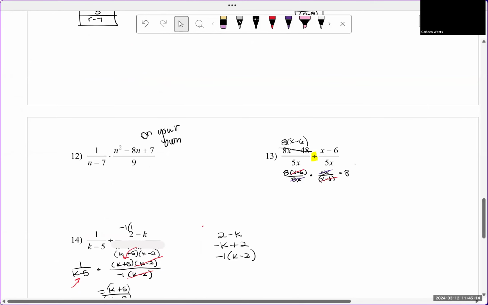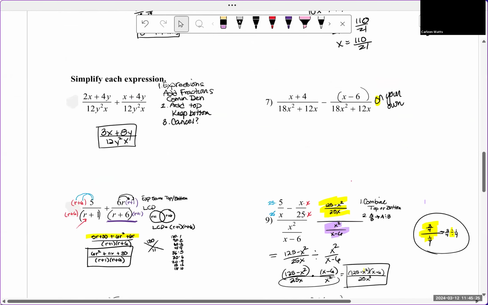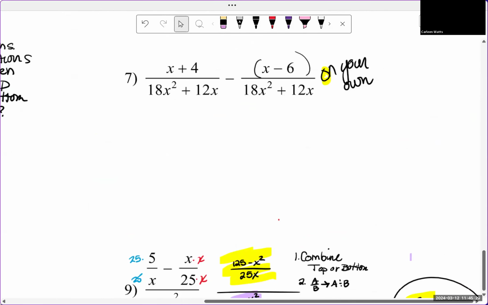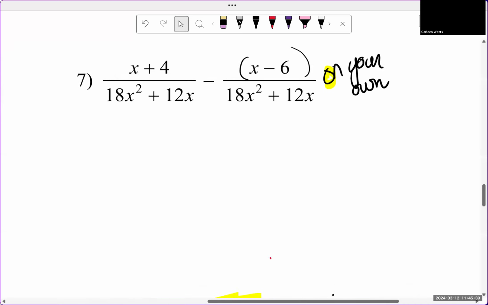You're just going to factor, cancel, multiply them together. Okay, are you good on number 7? Okay, we're going to do that one.